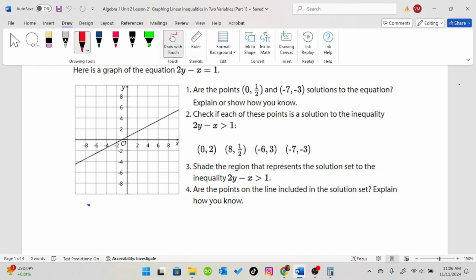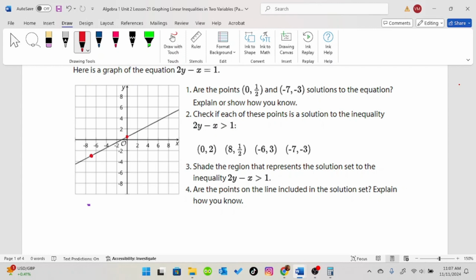The first way is graphically. They would need to be on the line. So if we go to (0, 1/2), that does appear to be this point right here on the line. Next, we can go to (-7, -3), and that also does appear to be this point right here on the line.